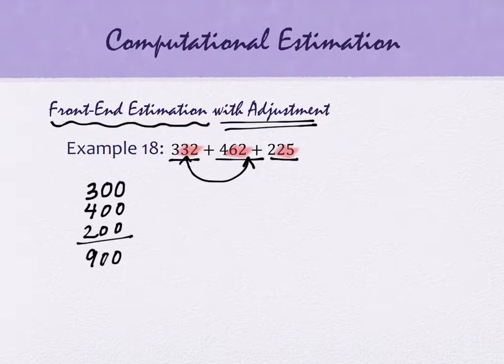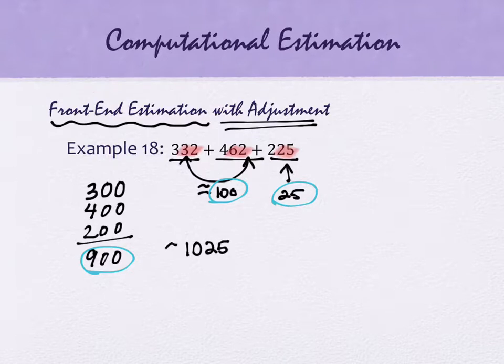Again, not perfect, 35 and 65 would be perhaps, or 30 and 70, but they're close. So these two approximately are 100, and then of course we've got the 25 at the end. So we're going to add these three pieces of information, 900, 100, 25, and if we do that, we get 1025 as an approximation using this method of estimation.